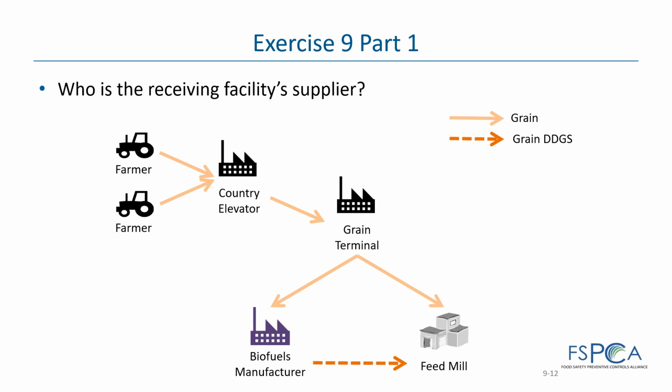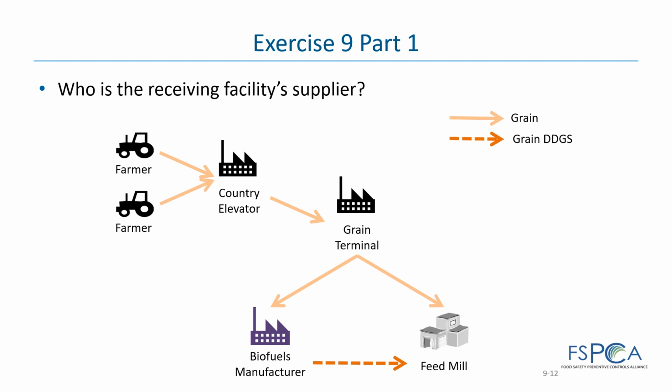Well, if we're talking about the feed mill itself, the receiving facility is the feed mill. They are subject to Subpart C, and they are going to be controlling that hazard and implementing preventive controls. But who is their supplier in this situation? The answer now is that biofuels manufacturer.